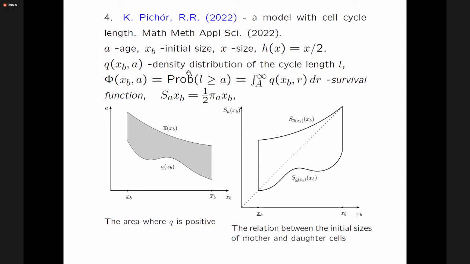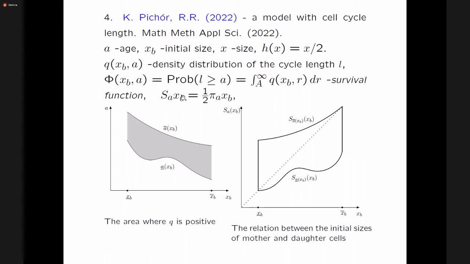It's a probability density, which describes the probability that the length of a cell cycle is greater than A. Well, there should be capital A here, sorry, a mistake. So the probability that L is greater than capital A is this integral. It is also called the survival function. As in a human population, we can calculate how long we can live using a survival function.